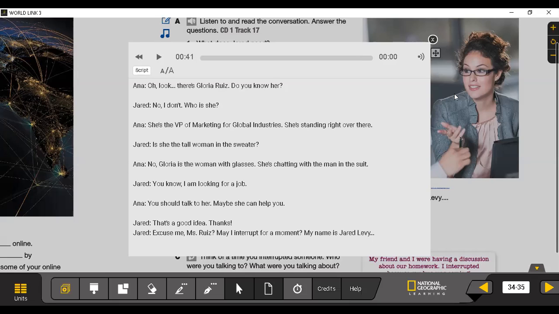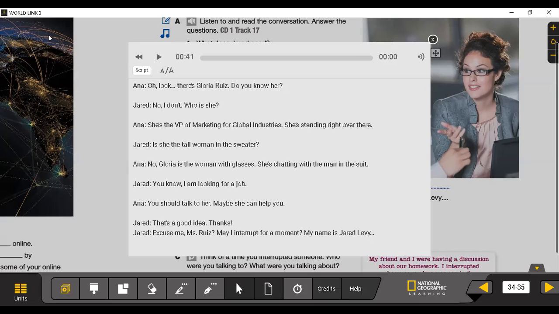Okay, what are the different ways that these people are using to talk about people, to identify who someone is, or where this person is, or what this person is doing? I want you to tell me and share with me the different examples, please. Is she the tall woman in the sweater? Excellent.